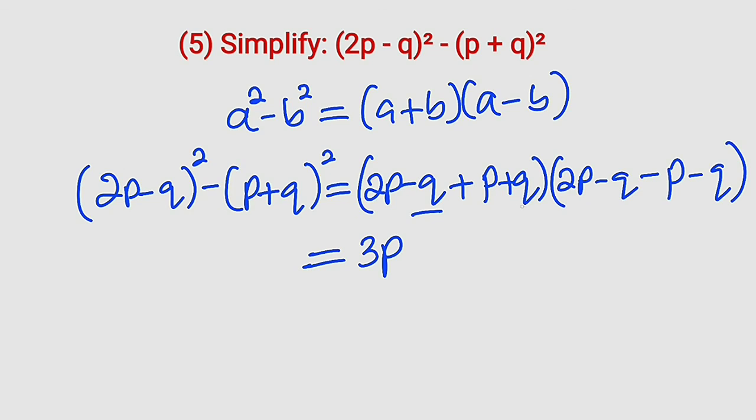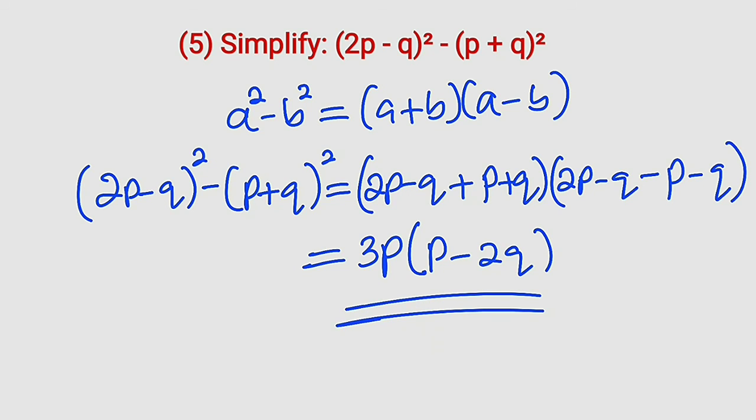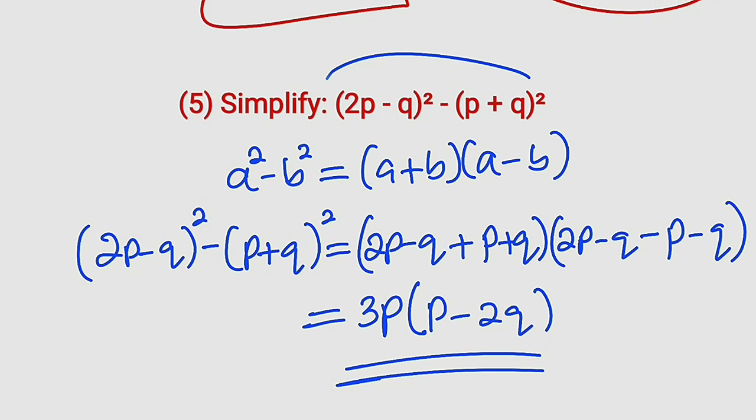Then negative p and positive p will be 0. So we have only 3p from this bracket. Then from the other one, 2p minus p will be a single p. Then negative q is negative 2q. And hence, this is the simplified version of this.